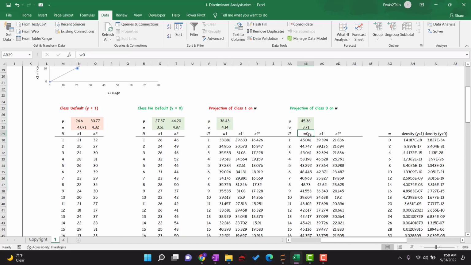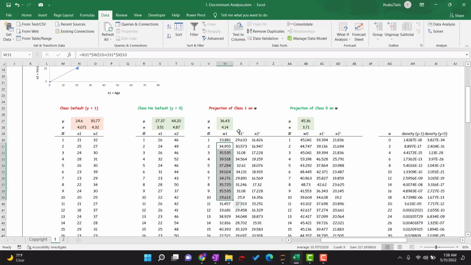W0 is the series of projections of all the points from class 0, and W1 is the series of projections of all the points from class 1. Both are on W, and now this is univariate. Along W everything is univariate. This is just one dimensional observation for class 1 and for class 0.